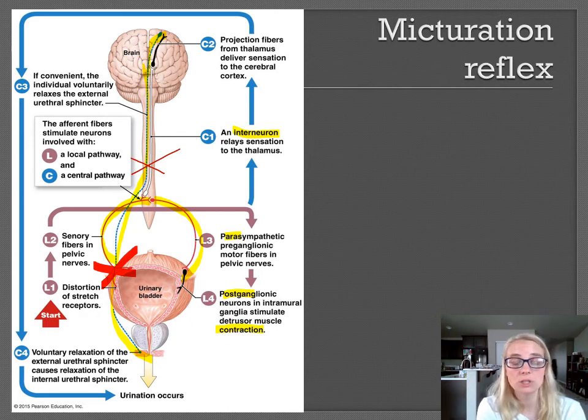You lose the ability to control your external sphincters, but your local circuit is still happening. The external urethral and external anal sphincters will open up and relax at a certain pressure threshold. So people who are paralyzed or have spinal cord injuries can still urinate and defecate. They just have lost the control of that ability.